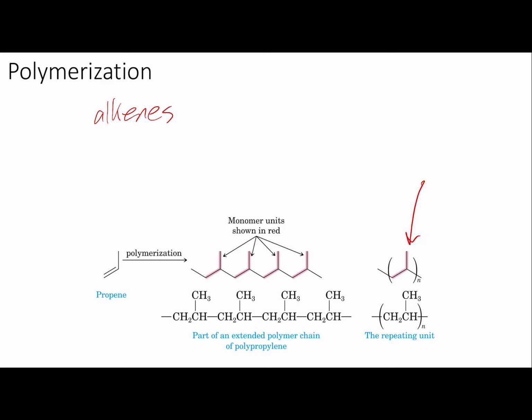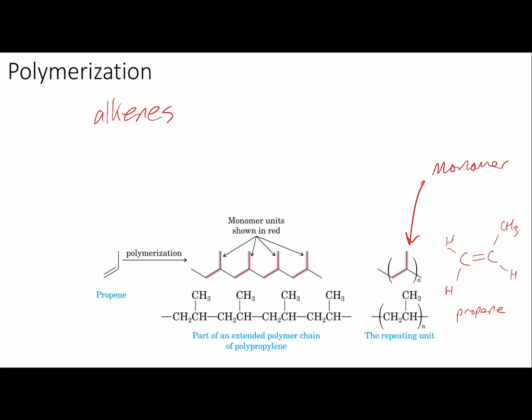You can see it here. This is a monomer of, what is this? This would be C double bond C, H, CH3, H. So this is just propene. 3 carbons in a row.